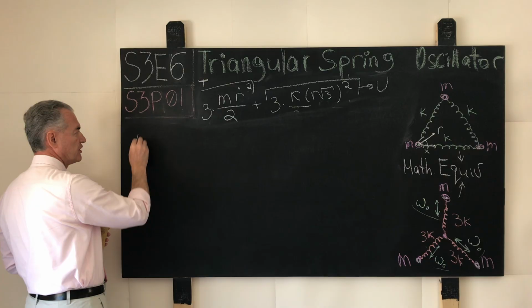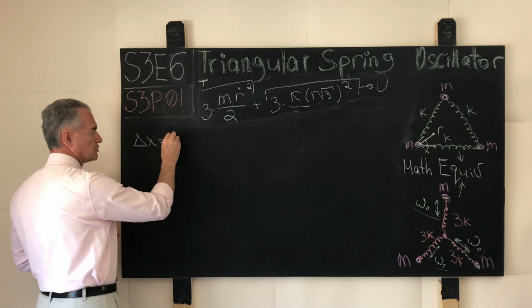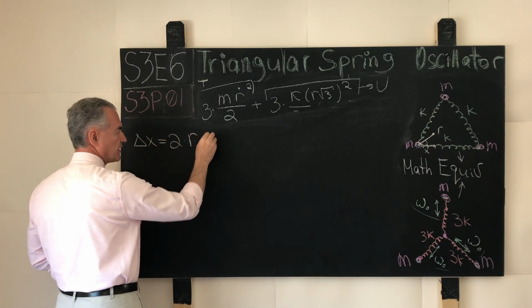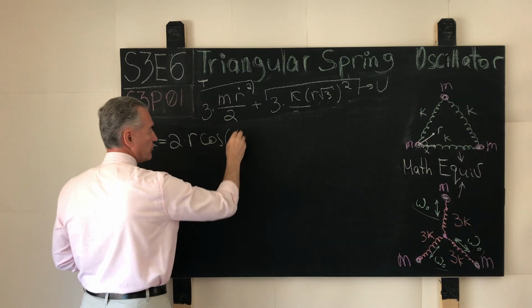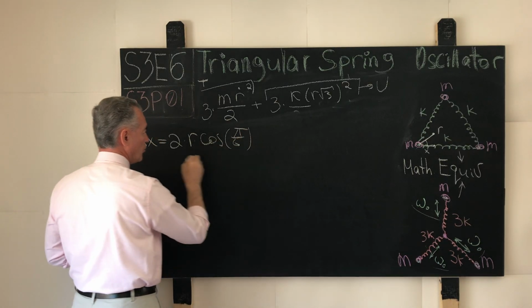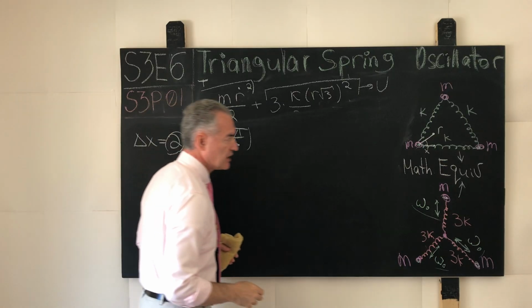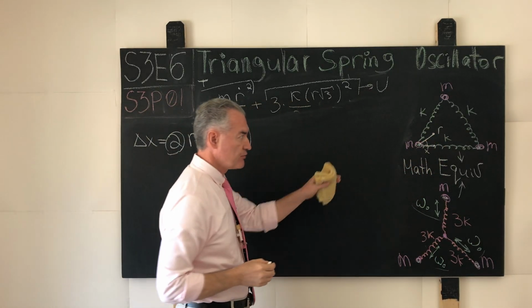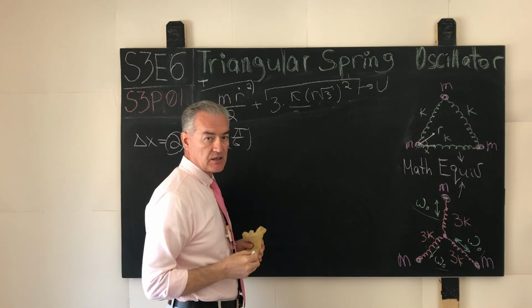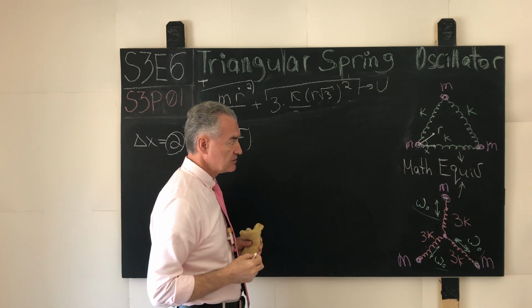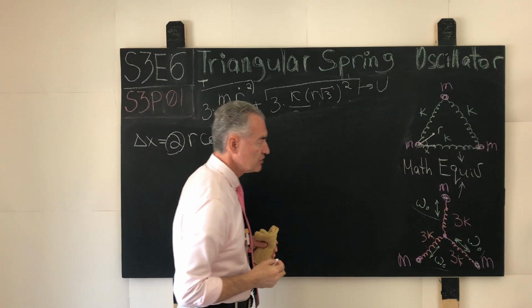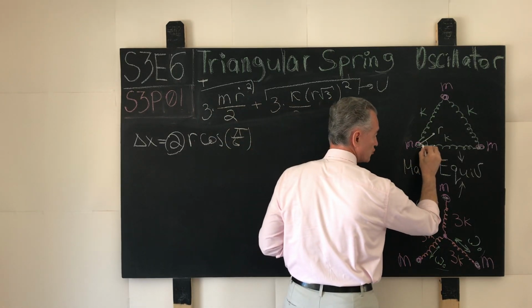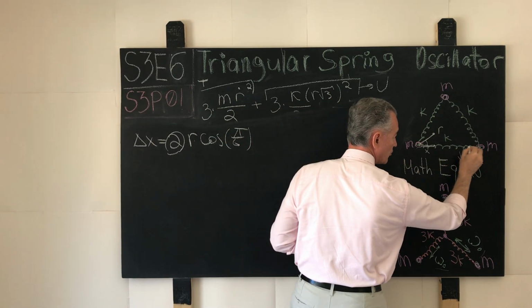result that I had over here, that delta x is equal to 2 times r times the cosine of pi over 6, where did this 2 come from? Well, don't forget that once we displace all 3 points of our system from their states of stable equilibrium, there will be 2 x's over here, one on one side and one on the other.